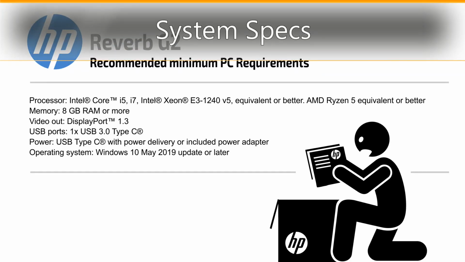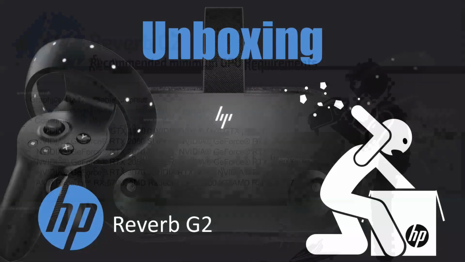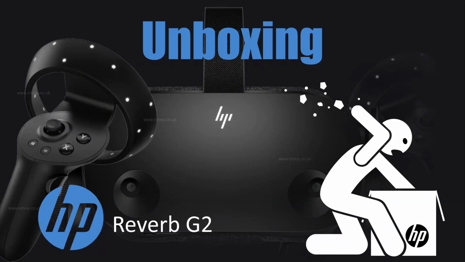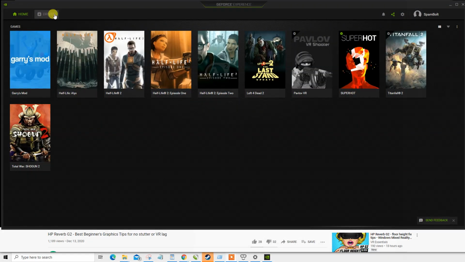I'd also like to point out that your PC will need to meet the minimum requirements specified by HP. You can find more about this in our other video, Unboxing the G2, link in the description below. Please also make sure you update your graphics card to the latest drivers.